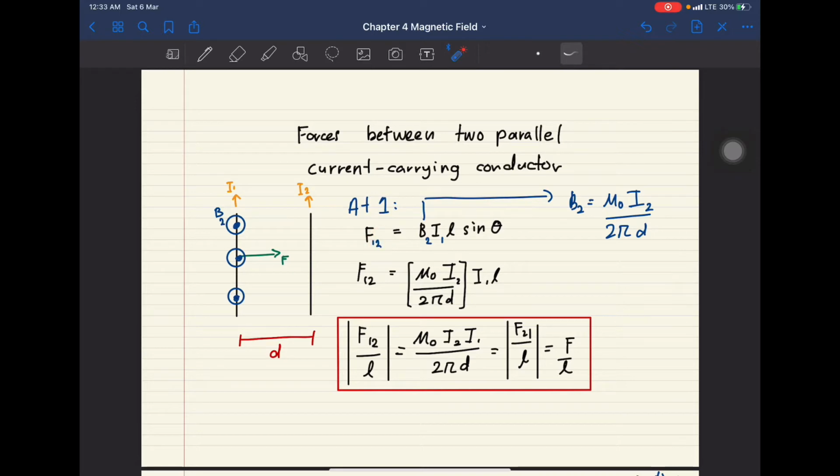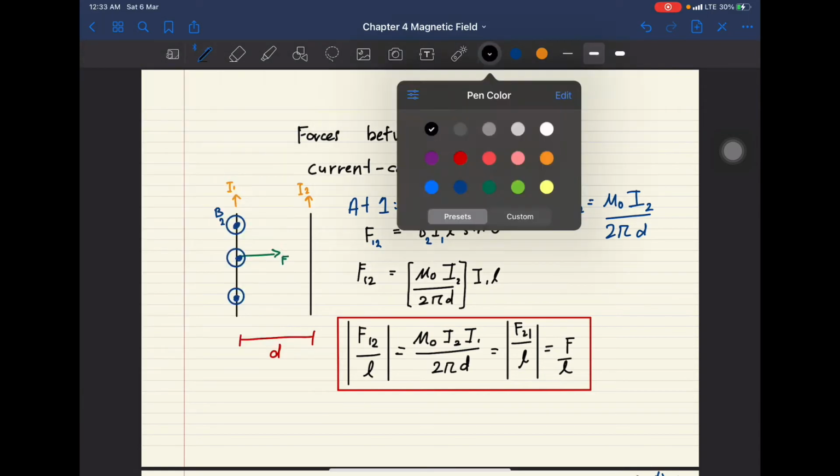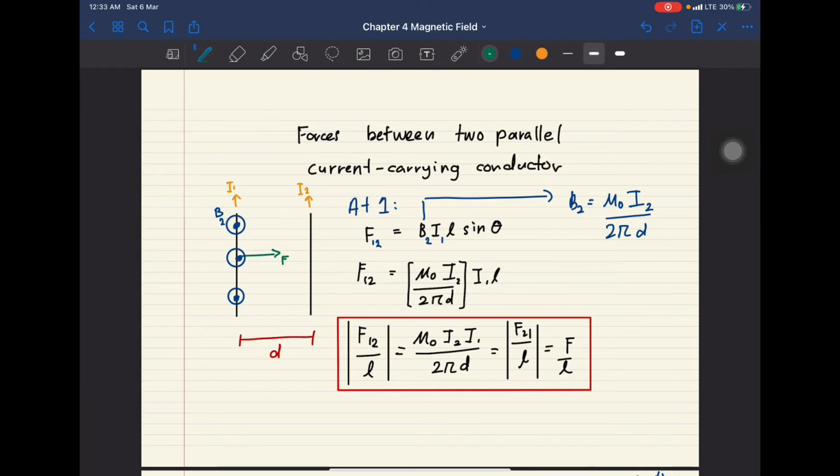It is for your reference, so even if you do it in the opposite way, as long as you get the answer, it shouldn't be a problem. So here F12 means the force on 1 due to 2.